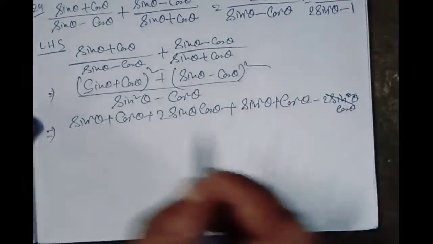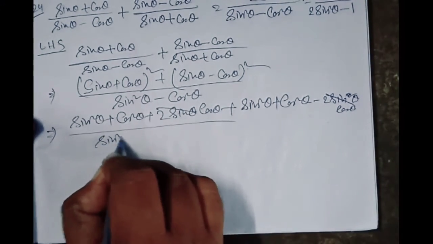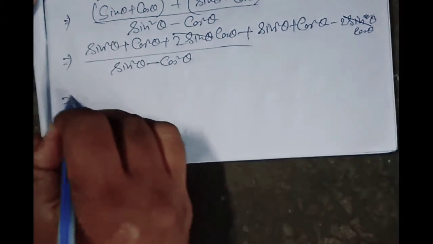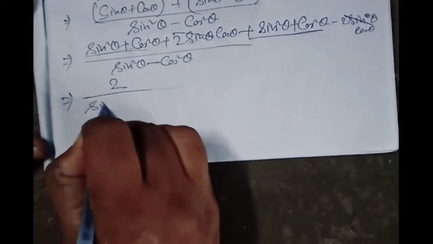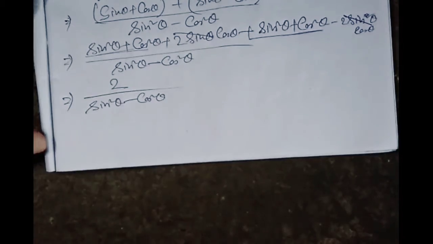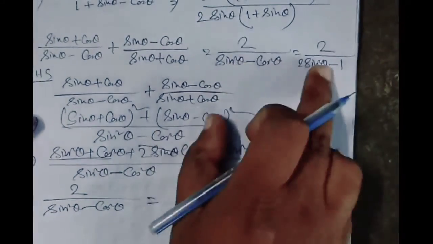Now this can be cancelled out, and the denominator can be written as sin square theta minus cos square theta. Obviously this is 1 and this is equal to 1, so 1 plus 1 means 2, giving 2 by (sin square theta minus cos square theta). Okay. Now that is the first RHS, that's proved.